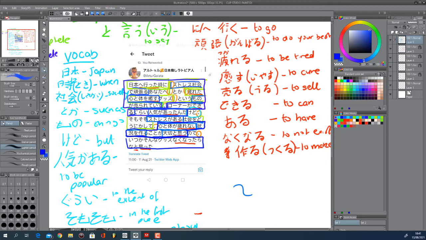Now, something I didn't point out while looking at this is what you can see in complete sentences: there's always a particle of some sort. Now, particles are important, again, in separating different sentences. So, ninki ga aru. We have kona ga dekiru.